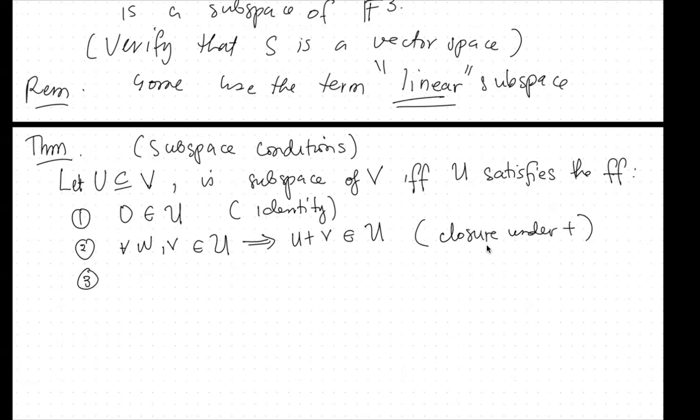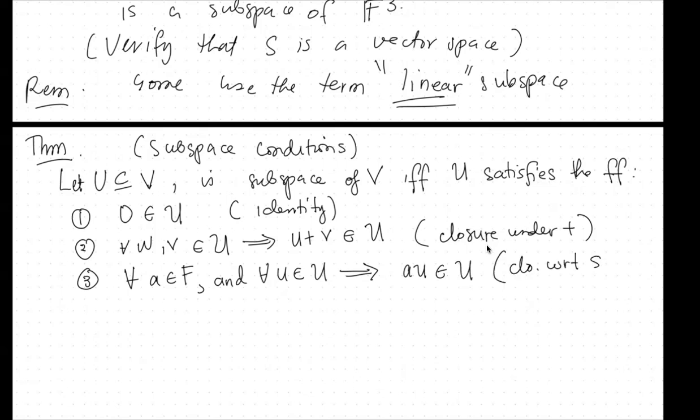And lastly, for all a in the field F, and for all u in the subset U, the scalar multiple a times u is also in U. That is the closure with respect to scalar multiplication.